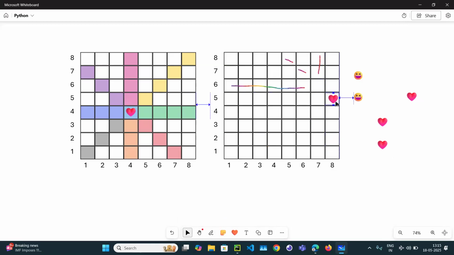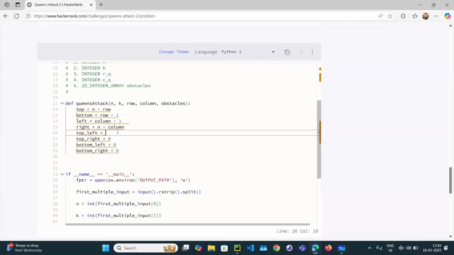Let me put it here. Queen can attack three positions, right? Seven on the left, three on the top. So the minimum of seven and three is three. That's why queen can attack three positions. Which means how are you going to calculate top left?